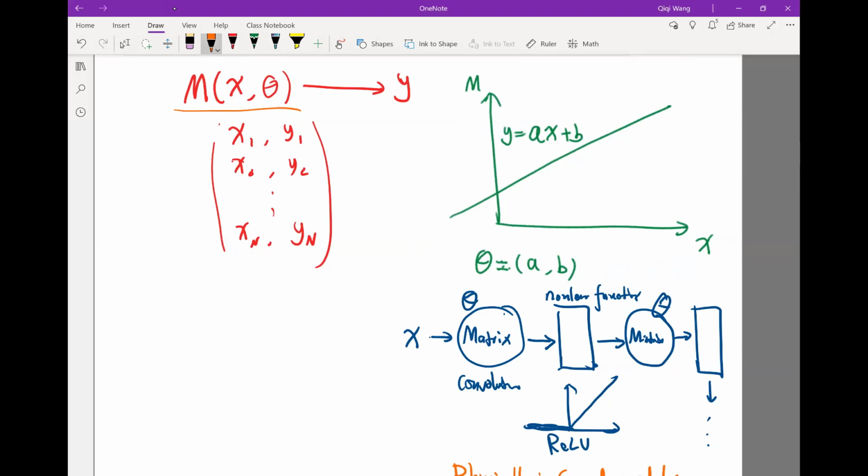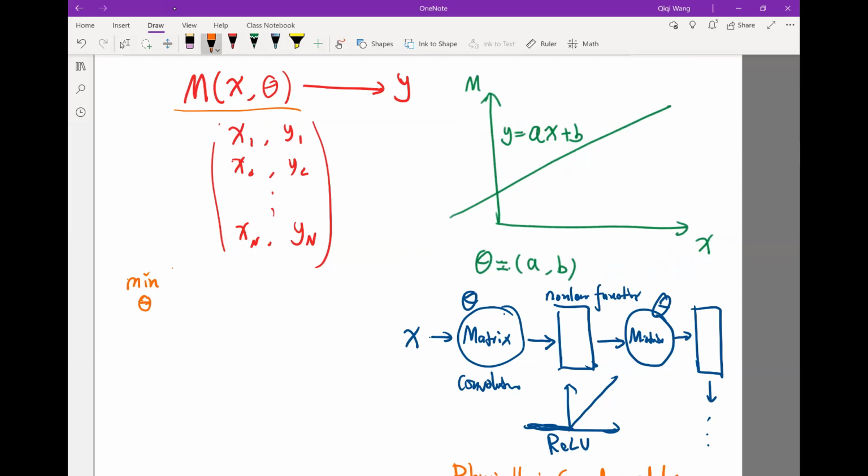The idea is that I want to minimize, over all the possible thetas, some kind of a metric or norm between, let me first write a summation here.